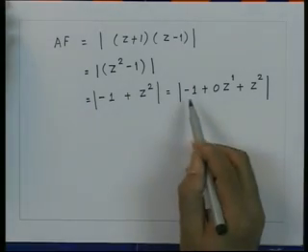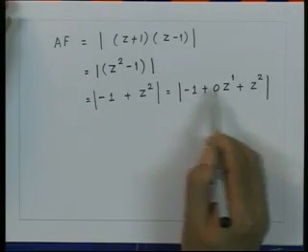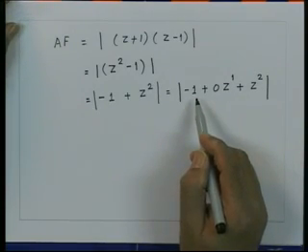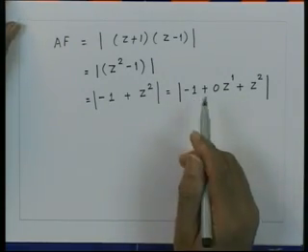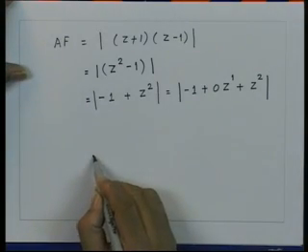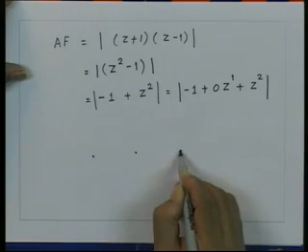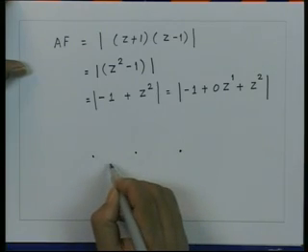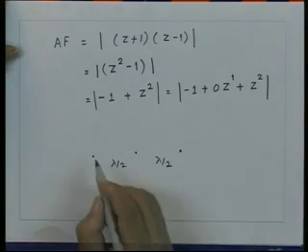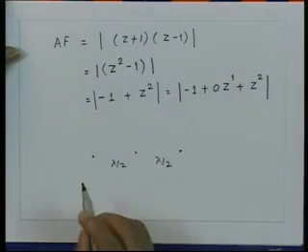So, the coefficients of the powers of z define the excitation of the current for that array element. So, we have these 3 elements now which are here. The inter element spacing we have taken is lambda by 2. So, this current is minus 1.